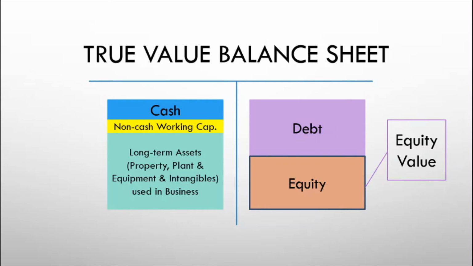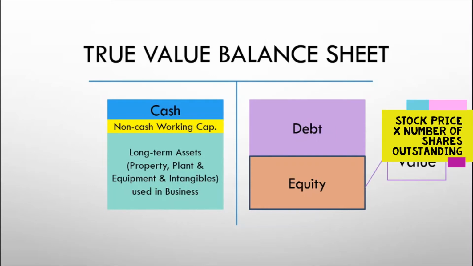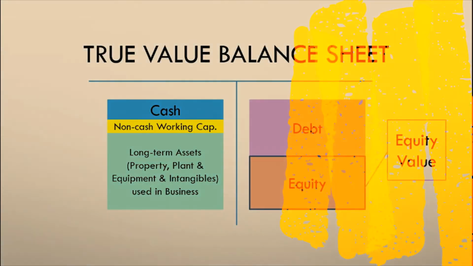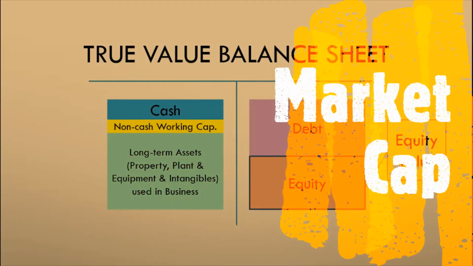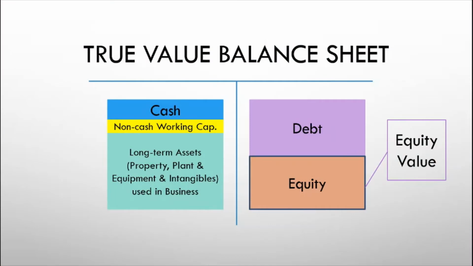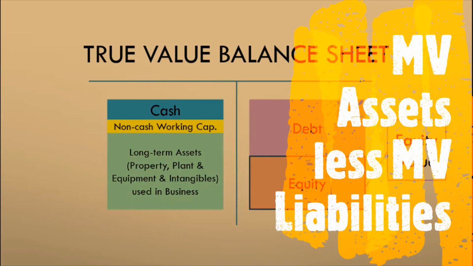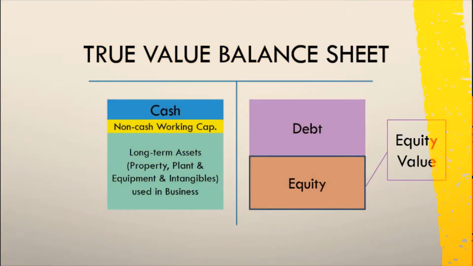Equity value can be arrived at by multiplying the stock price by the number of common stocks outstanding. This is also known as the market capitalization. Or alternatively, we can take the market value of the assets and deduct the market value of the liabilities, and that would give you the equity value.